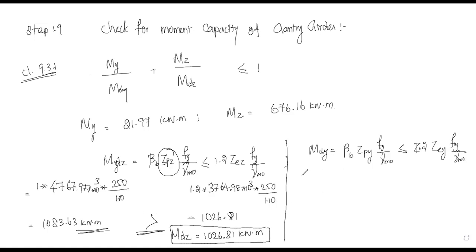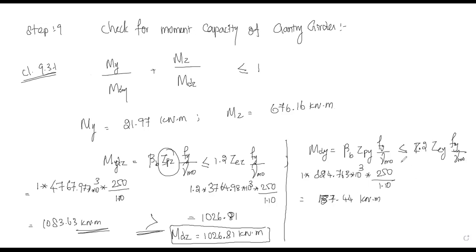Similarly, here Mdy. Beta b into Zpy: 824.763 into 10 to the power 3 into 250 divided by 1.10. The answer becomes 187.44 kilonewton meter.